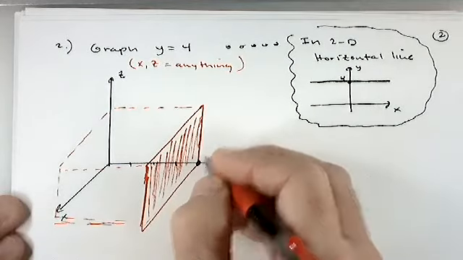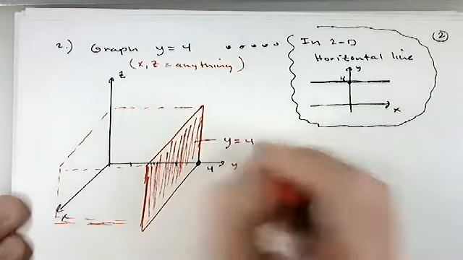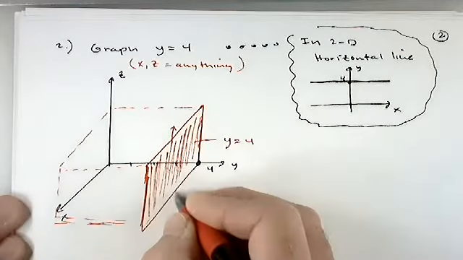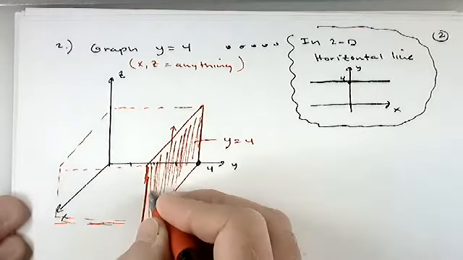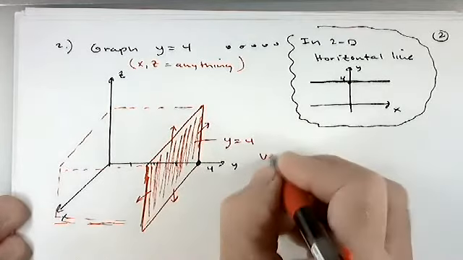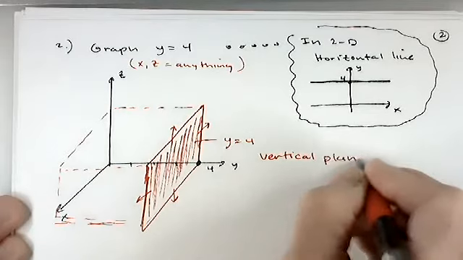And so in 3D, y equals 4 is actually what we would describe as a vertical plane. And it does go in all directions. It goes backwards that way. It's a vertical plane.